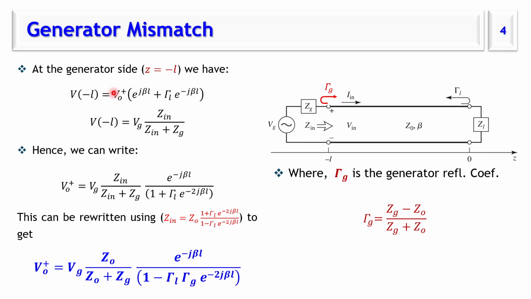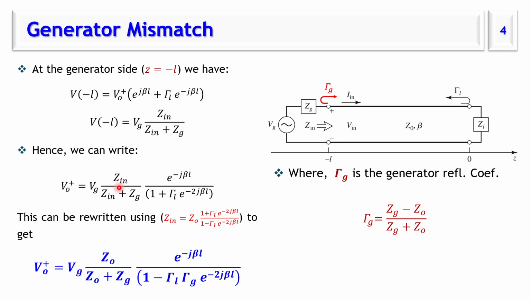We're writing V positive as a function of V minus L. If V plus equals V minus L divided by this expression, but V minus L has this expression, then V plus equals VL, this part, divided by this expression, but we took e to the minus j beta L out and put it here. So we have this expression.